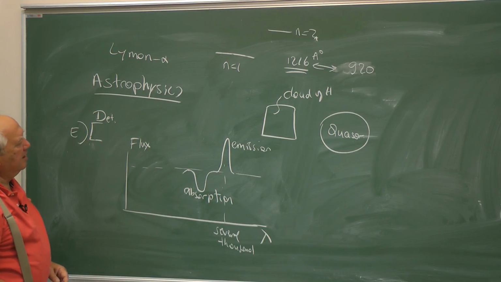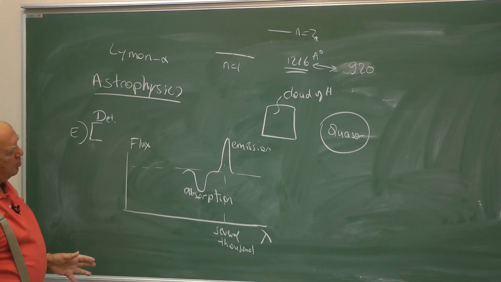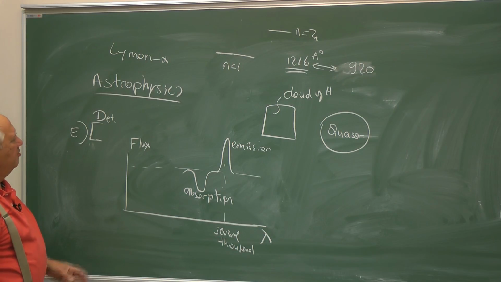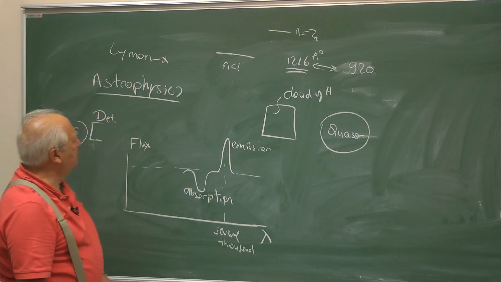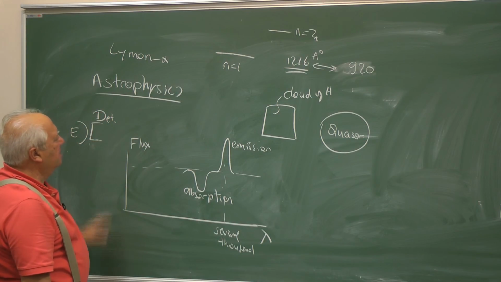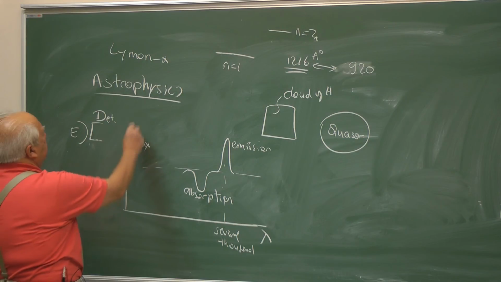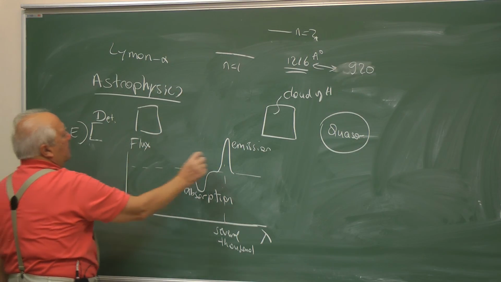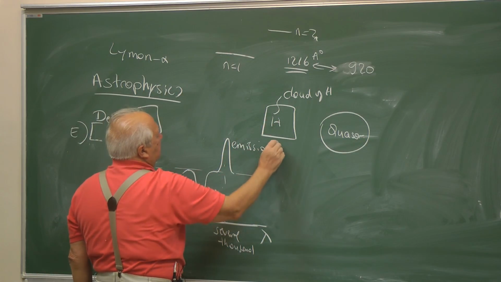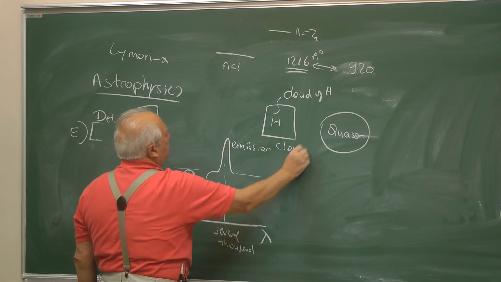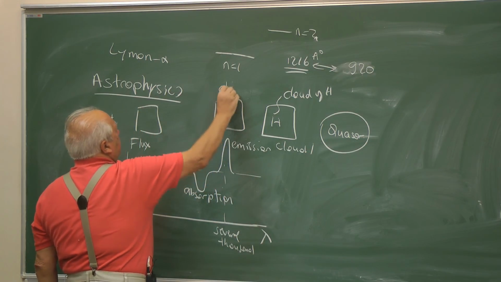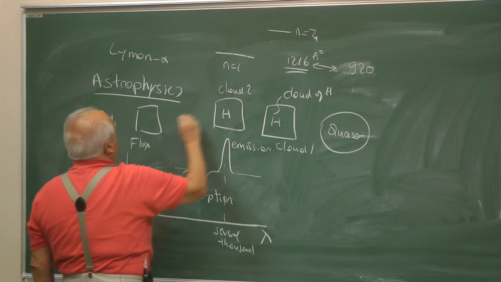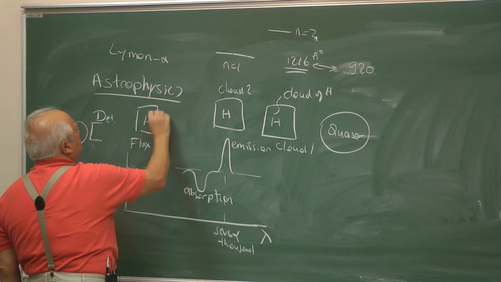All right. Now, however, the picture is more complicated than this. Why? Because we don't have a single cloud of hydrogen between the quasar and us. There are several. So this is hydrogen cloud 1, then hydrogen cloud 2, and this is, let's say, cloud n.